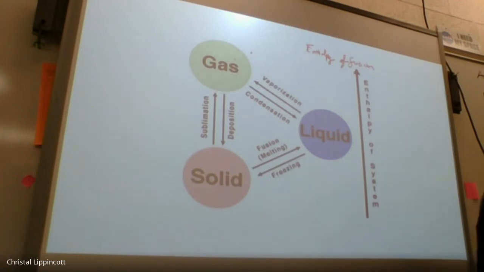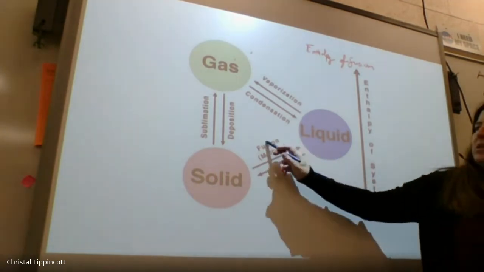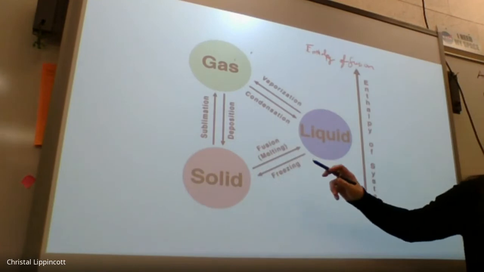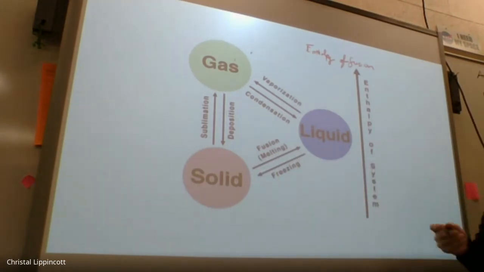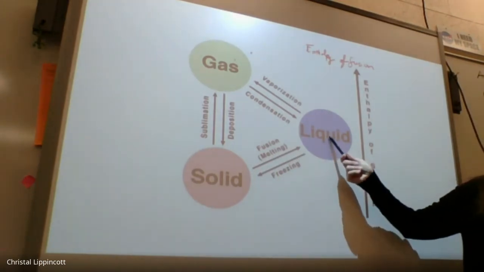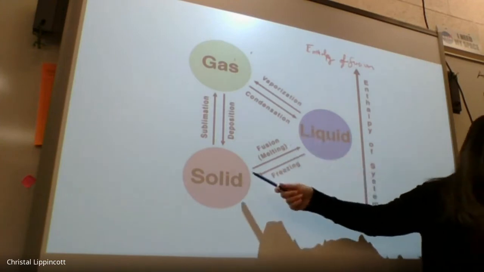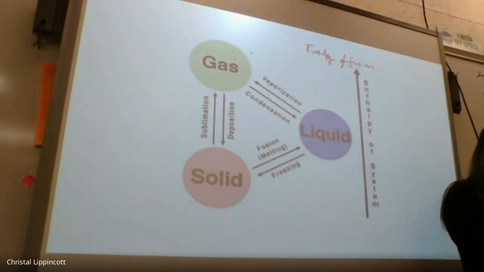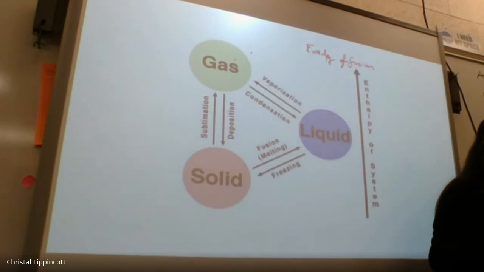I'm just giving you a preview and why they're telling you about fusion here. You're like, what's fusion? Well, if you think about it, when we go from the liquid to the solid, we're essentially fusing those atoms together in a solid form. We're reestablishing and really tightening those IMFs to give that a solid form.